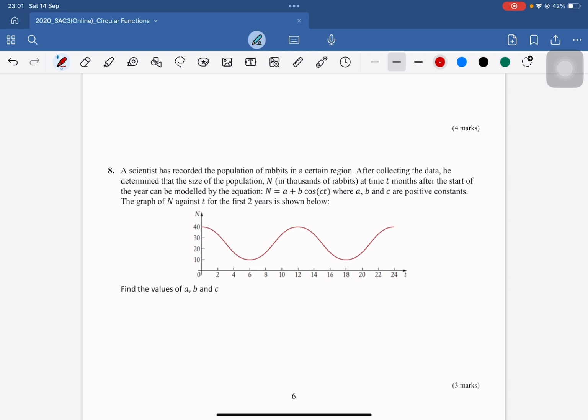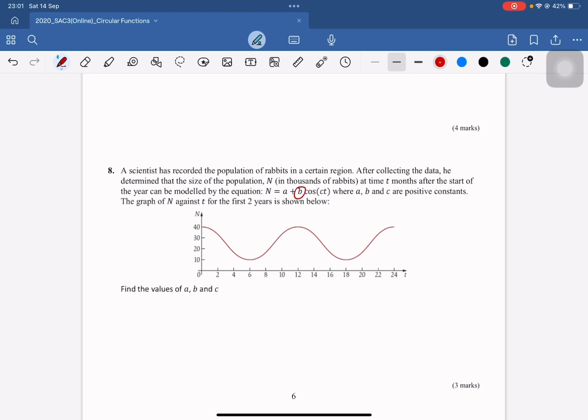So this equation, it's asking you to find the values of A, B, and C. A being the translation upwards, B being the amplitude, and C being the coefficient of x. So first, we're going to find the translation, which is A, and we can see that it has an amplitude of 30.